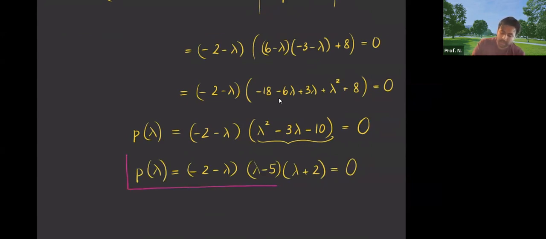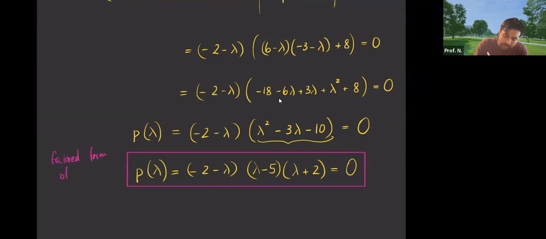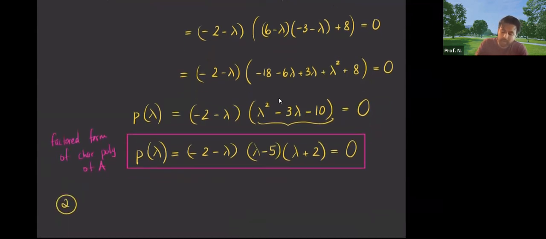And this is the characteristic polynomial, but it's factored, of course. If you want to figure out the standard form of the polynomial, you can also expand everything out. But this is the factored form of the characteristic polynomial, or char poly of A. And then once we have it in factored form, what's good about it is I can find the solutions, right?